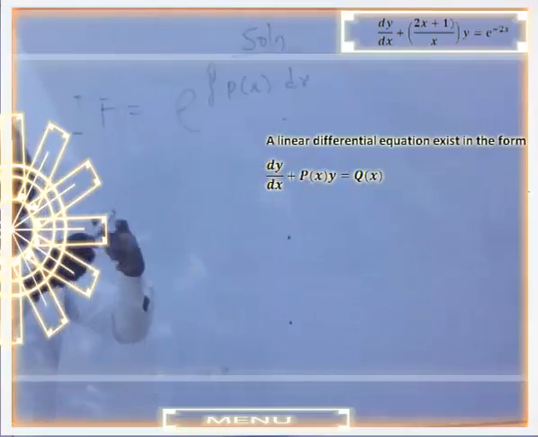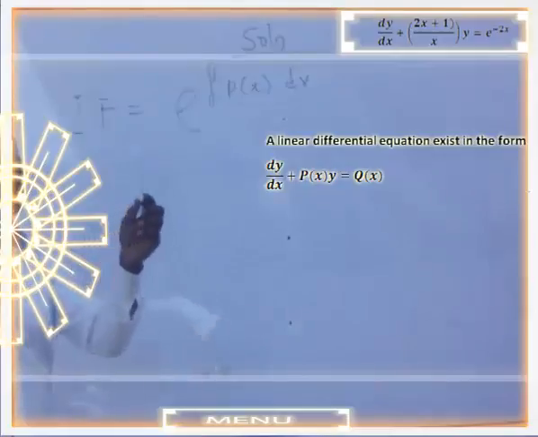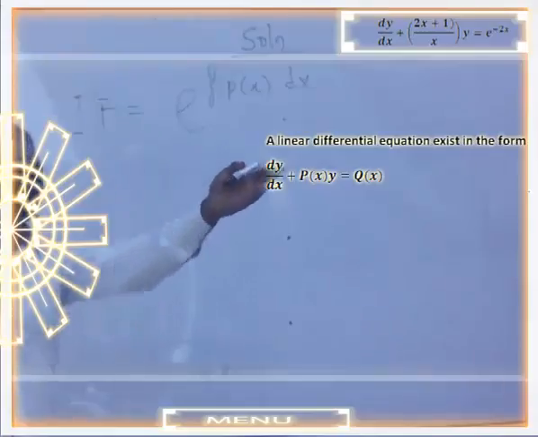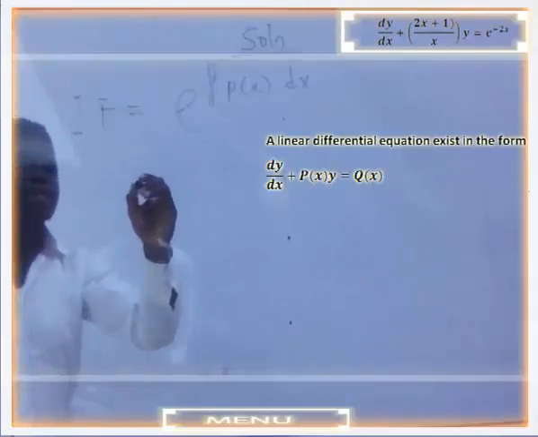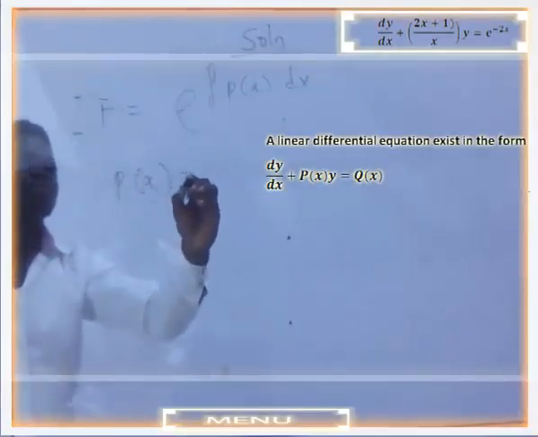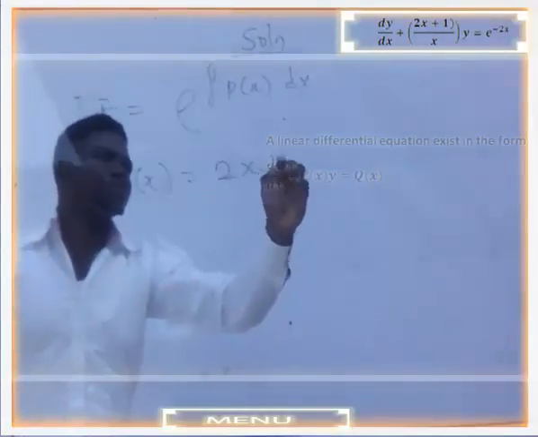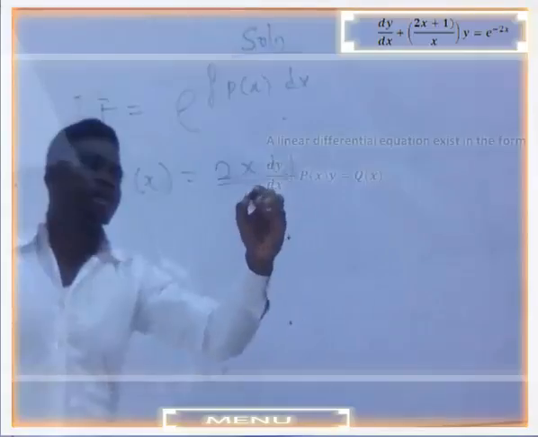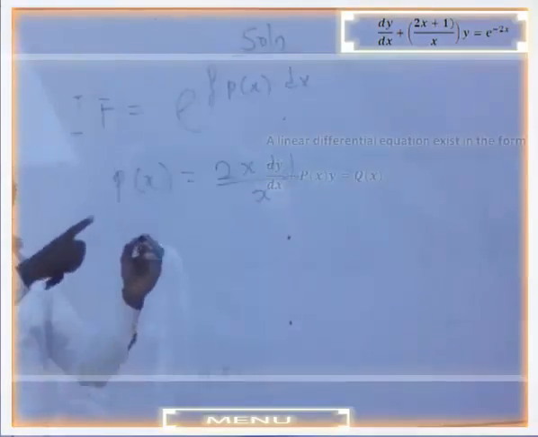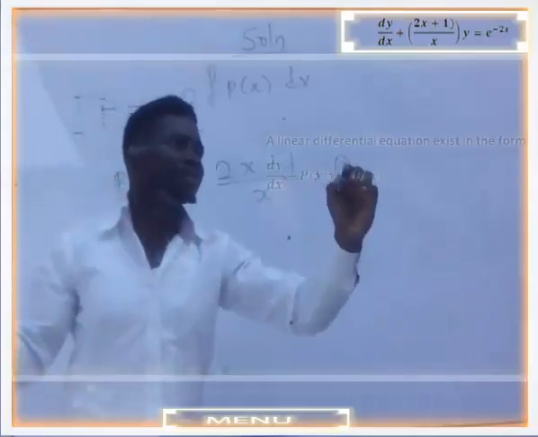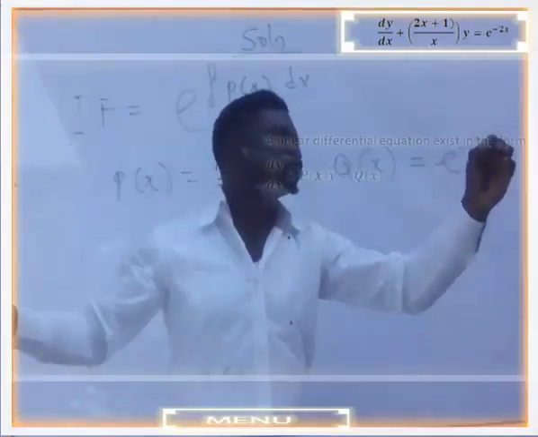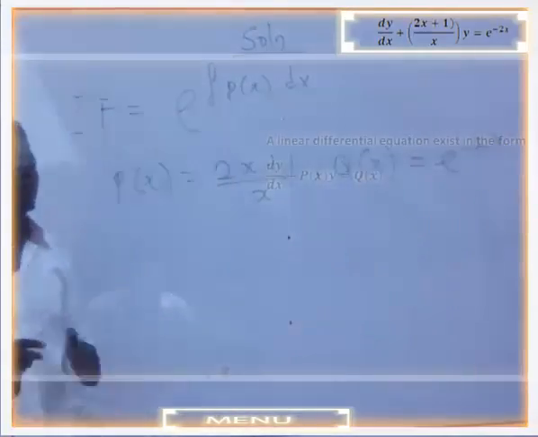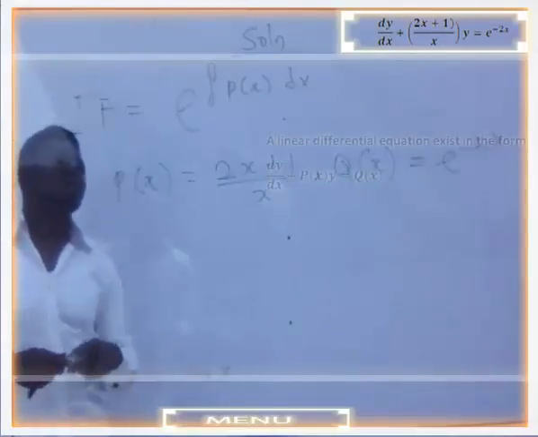Now p of x from the question: if you compare the coefficient of y in the general formula and in the question, you will see that your p of x is equal to 2x plus 1 all over x, and your q of x is exponential negative 2x. Now we have what we need, so we just have to get our integration factor.